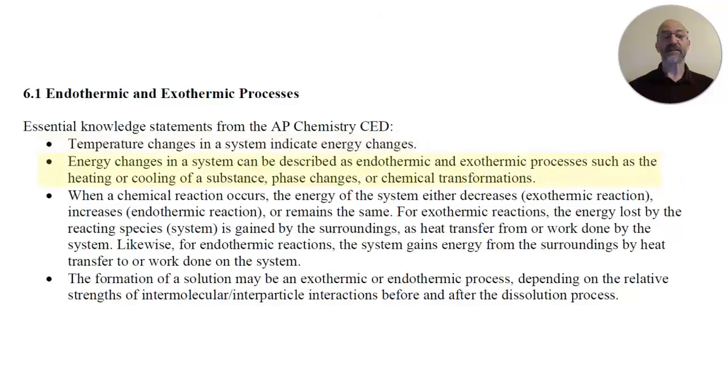Energy changes in a system can be described as endothermic and exothermic processes, such as the heating or cooling of a substance, phase changes, or chemical transformations. When a chemical reaction occurs, the energy of the system either decreases for an exothermic reaction, increases for an endothermic reaction, or remains the same.